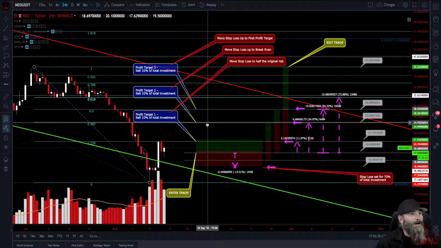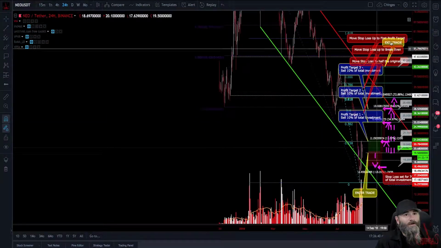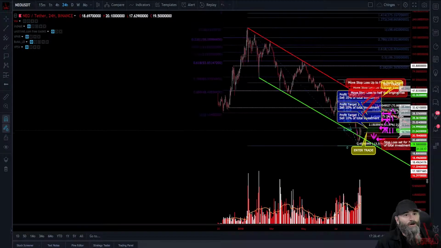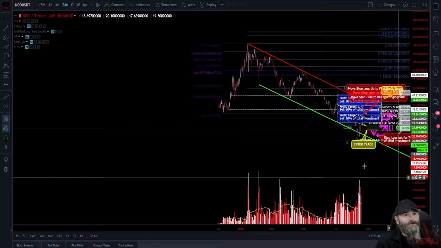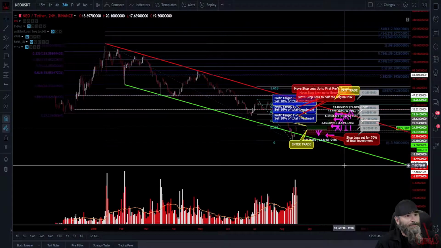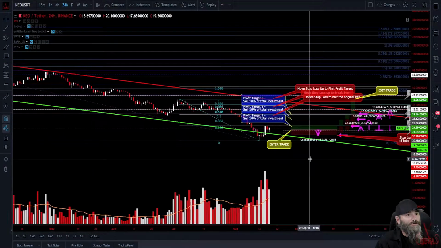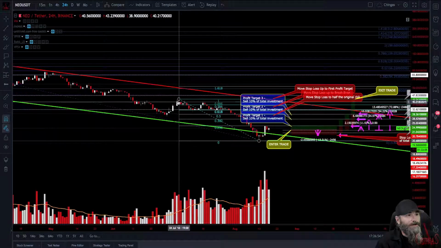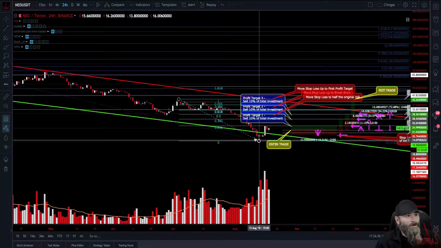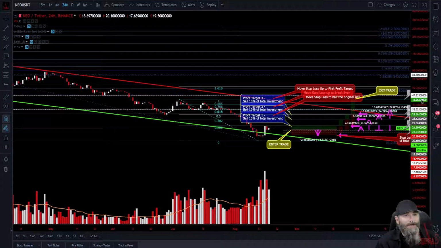If we take a bigger picture of what NEO is going on, you'll realize how small this trade actually is. Okay, so this is what we're looking at for NEO. We're looking on a 24-hour chart. So you'll realize that what we're doing here, right, we're only playing off this little bit, and that's fine.